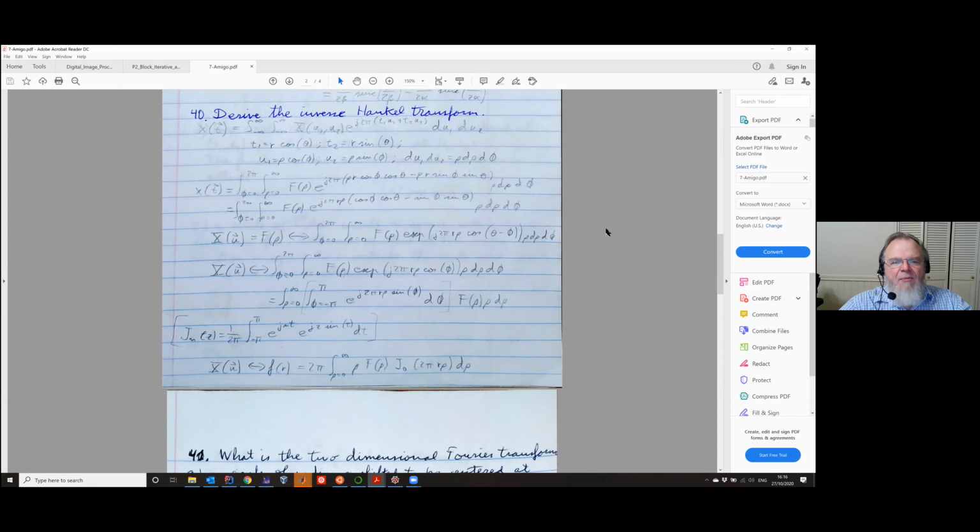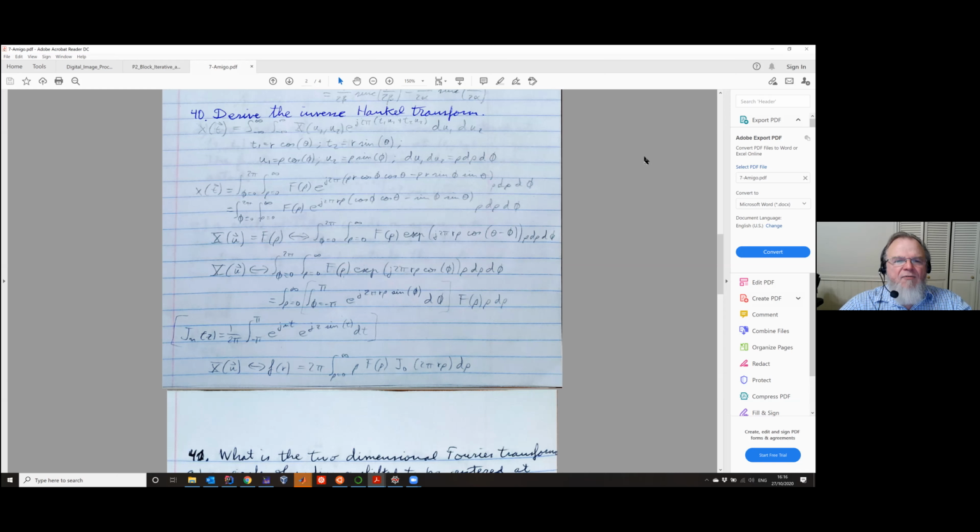Then we go down and recognize a trig substitution in the middle of the page, and we do the same thing. We recognize that the nested integral, third equation from the bottom, is a J1, as he has from the second equation from the bottom. And it turns out that you get exactly the same thing for the inverse Hankel transform as you did for the forward Hankel transform, as given by the last equation. The math is exactly the same.